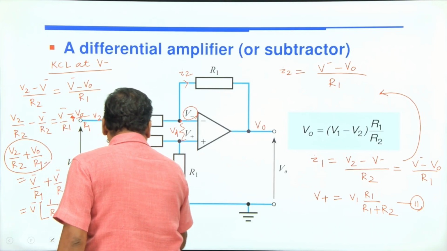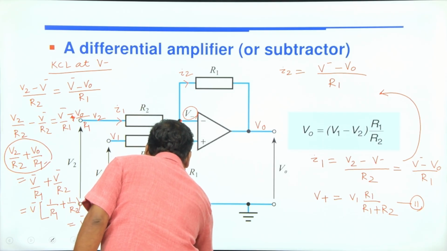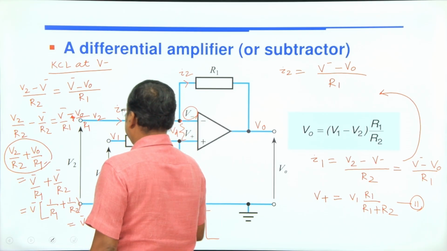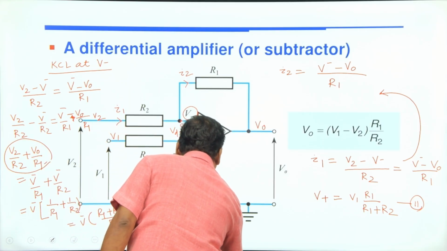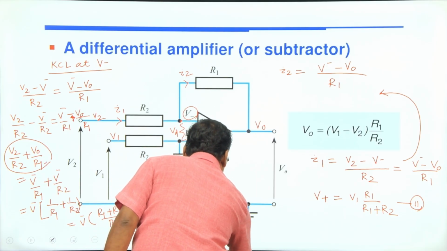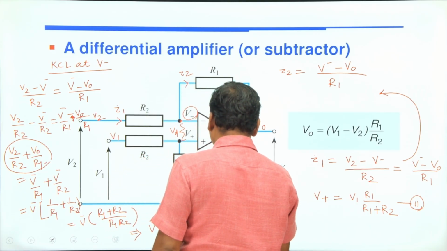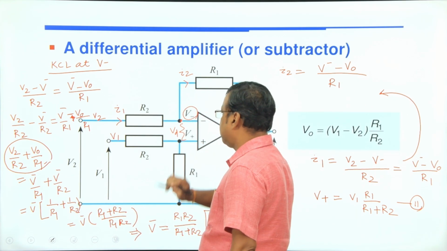That means V minus equals R1 R2 by R1 plus R2, whole into V2 by R2 plus V0 by R1. This is nothing but the V minus potential at this point.